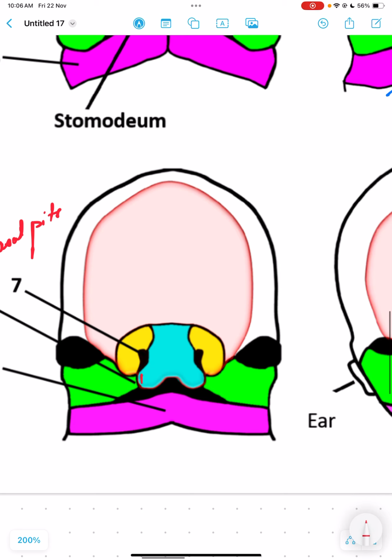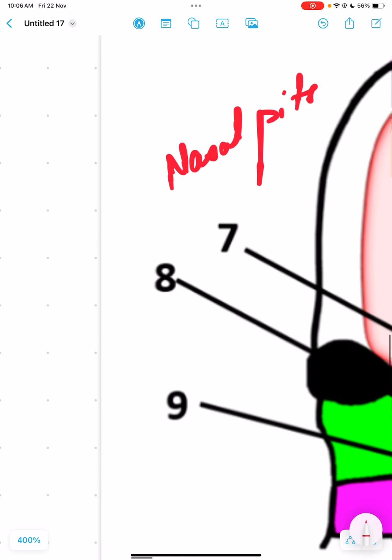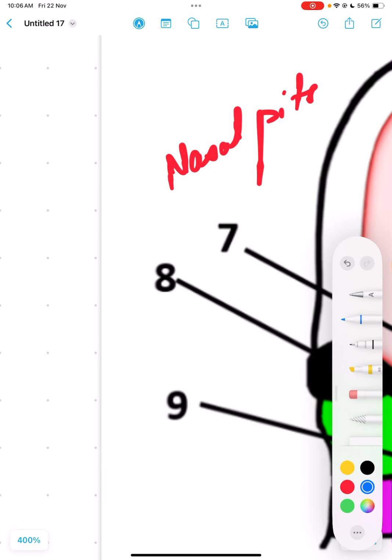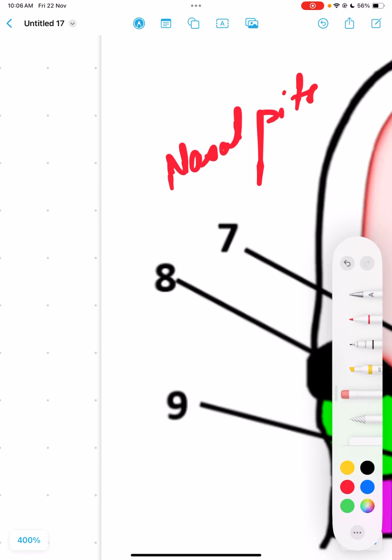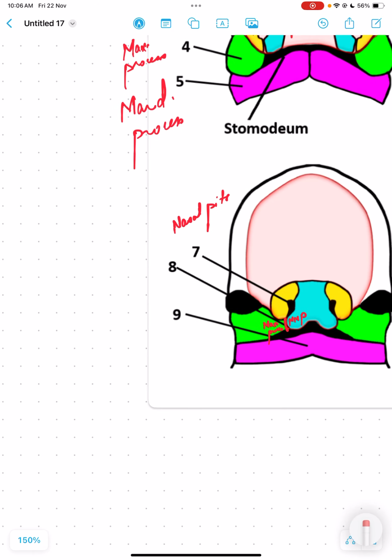Like I have mentioned, this blue one is the medial nasal process and this green one is the maxillary process. Here these two are joining, so this eighth one is showing fusion of the medial nasal process along with the maxillary process.